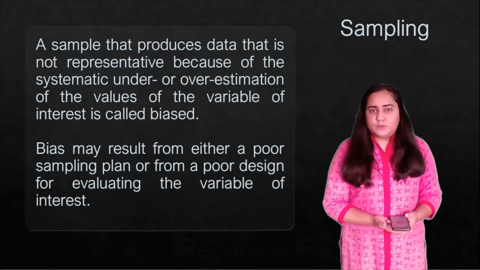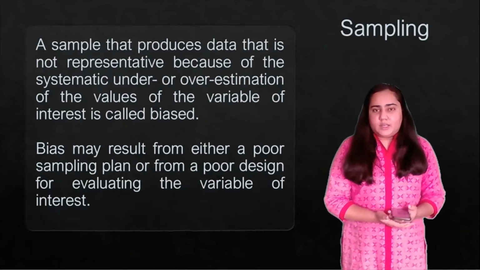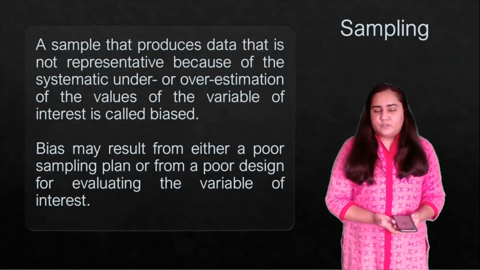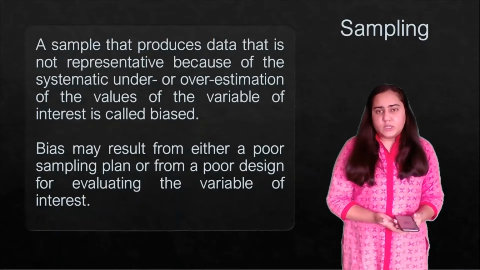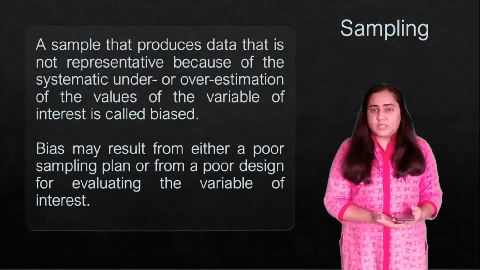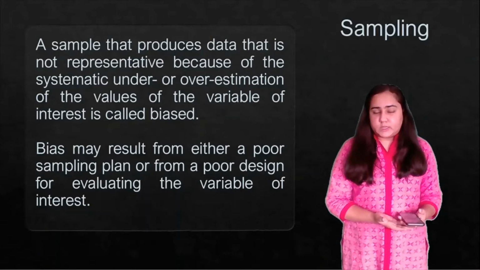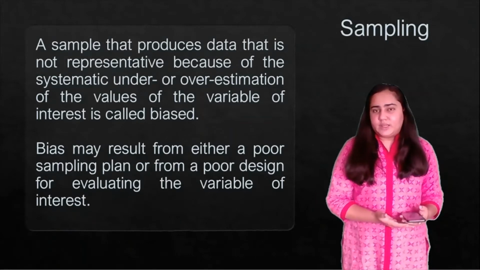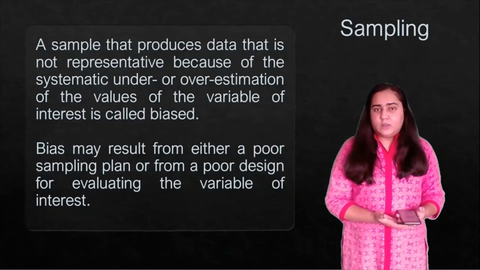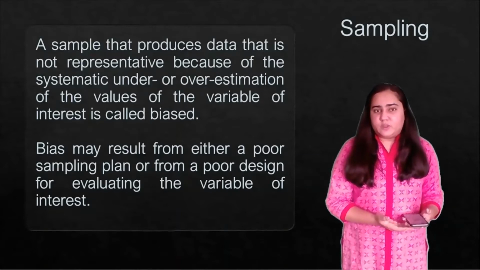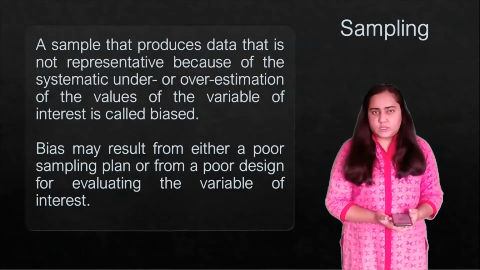So if you are trying to analyze opinions of different students about whether or not there should be exams, whether the exams should be taken online or they should be taken in person, but you are only going to an institute that is taking exams online all the time, and you're only asking these students, then your sample will definitely be biased because these students are more likely to prefer the online method since they are already using it.